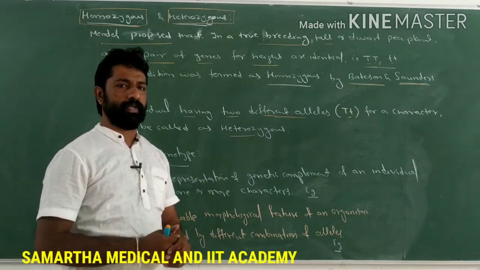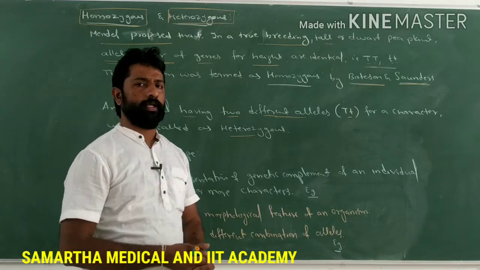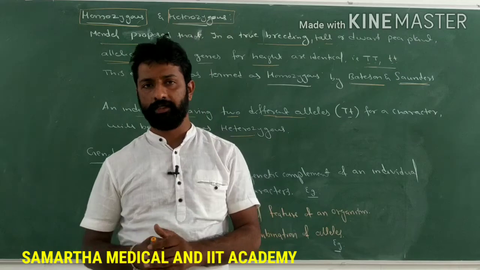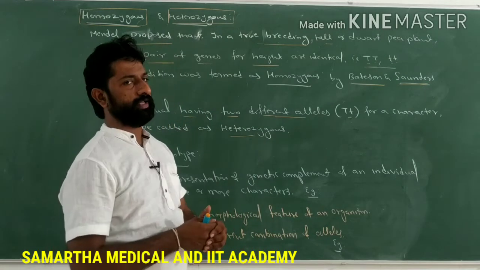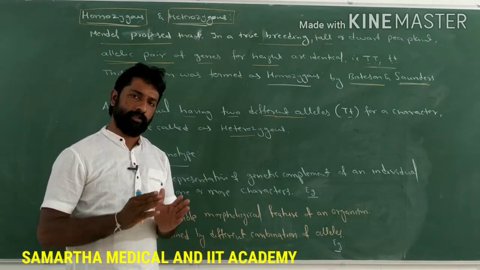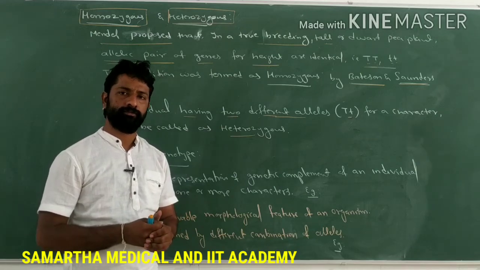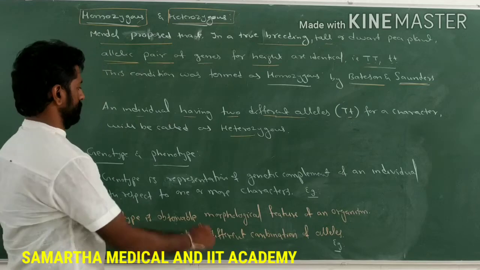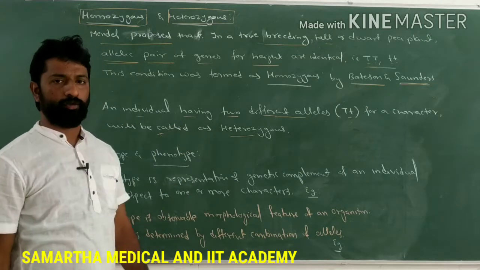Homozygous means it's very simple. In any individual, if the allelic pairs are identical for a character, it is homozygous condition. If the allelic pair for a character is different from each other, then it is a heterozygous condition. Clear, guys? That is regarding the heterozygous and homozygous condition.